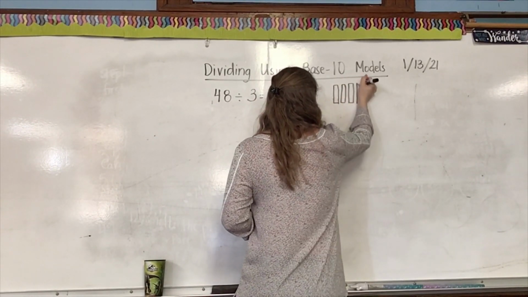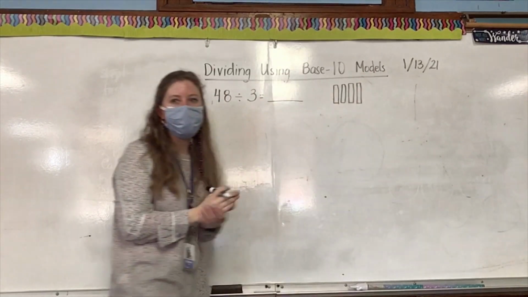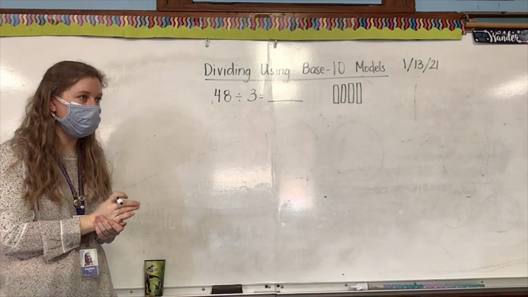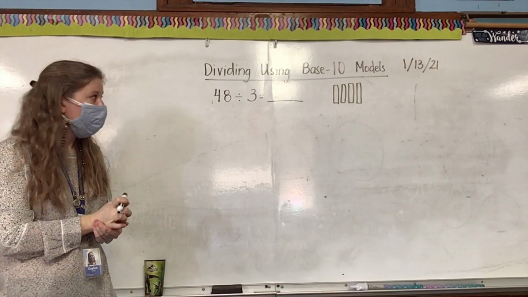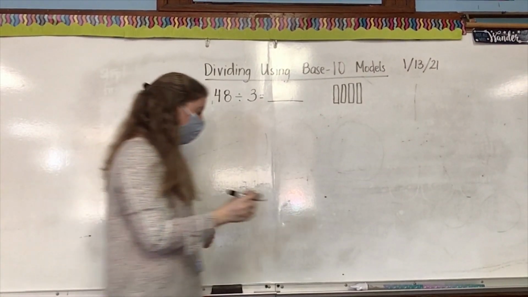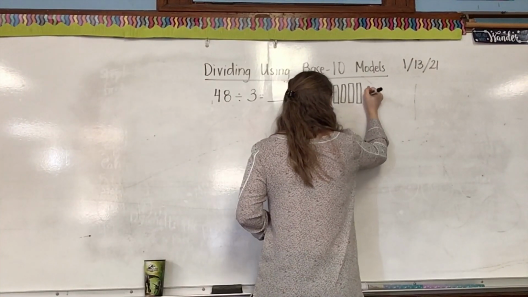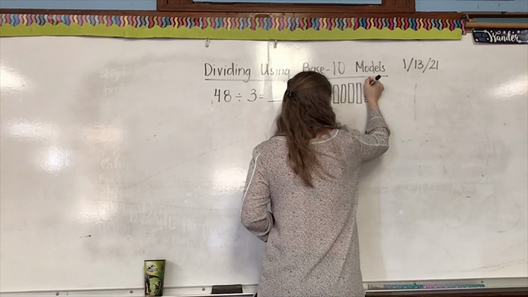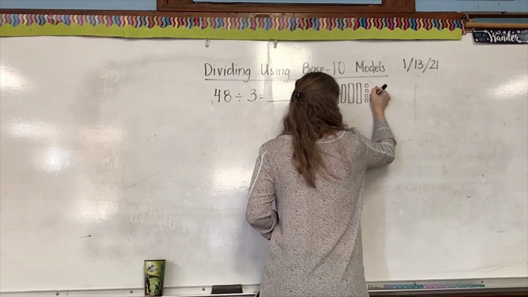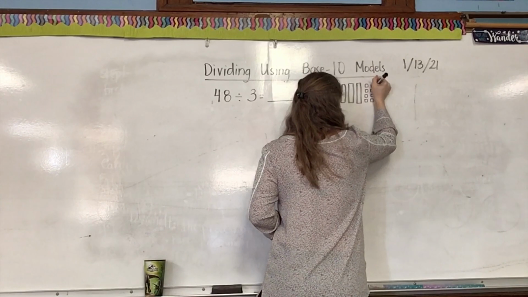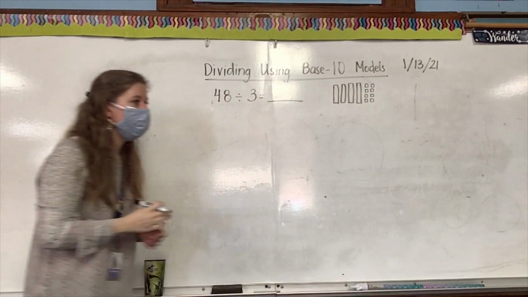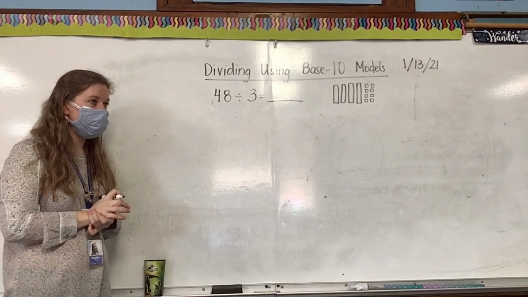And now I need to model the ones by doing what? By having 8 ones cubes. 1, 2, 3, 4, 5, 6, 7, 8. Okay, am I done with step 1?